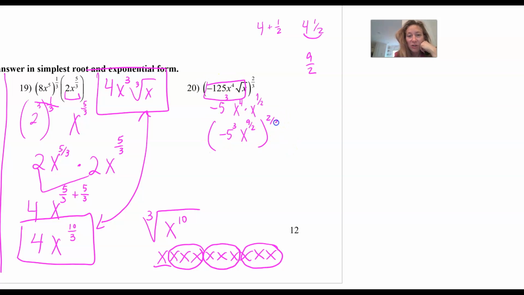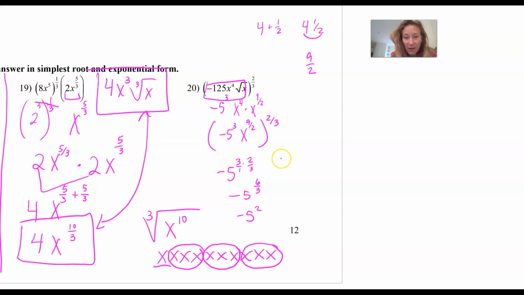Then I've got the 2/3. So I'm going to distribute with multiplication that exponent. This is going to be negative 5 to the 3rd times 2/3, changing that to 3/1. It's going to give me negative 5 to the 6/3, which is negative 5 squared. So I show all my work.